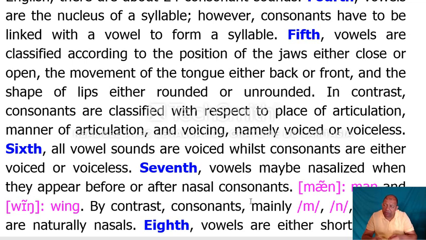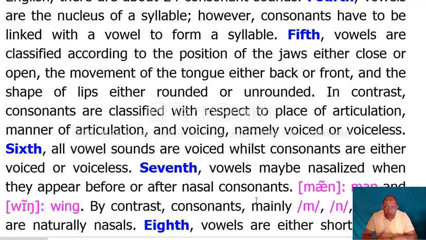And number 3, the shape of the lips, either rounded or unrounded. For example, the central vowel, which is A, is unrounded. But U is rounded. There is a rounding of the lips.